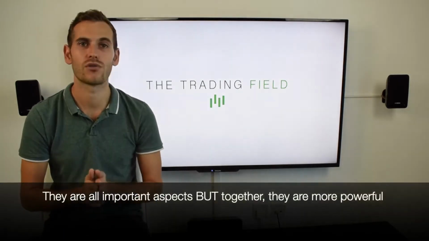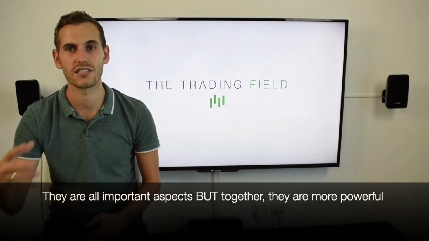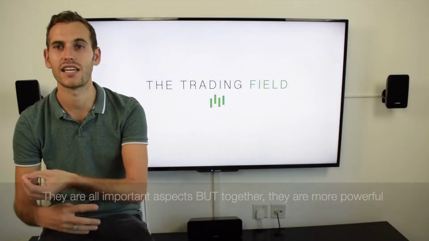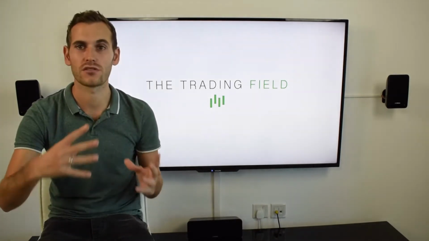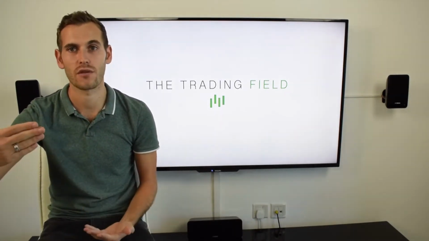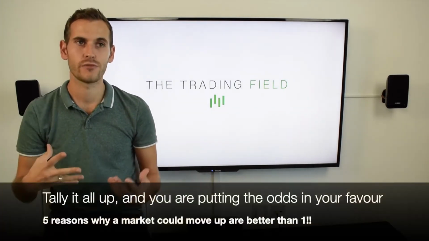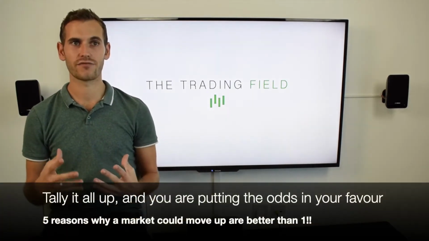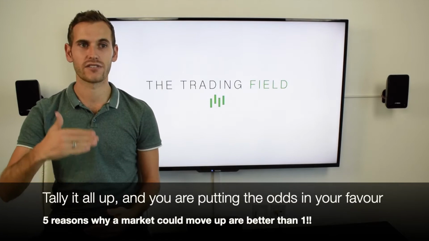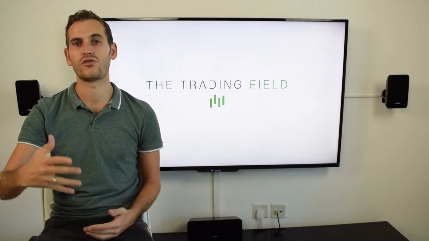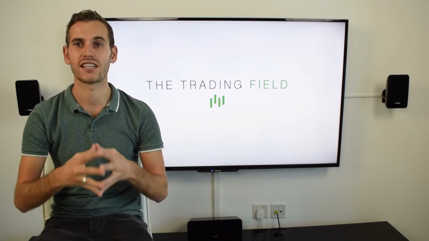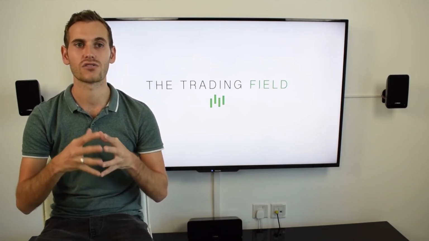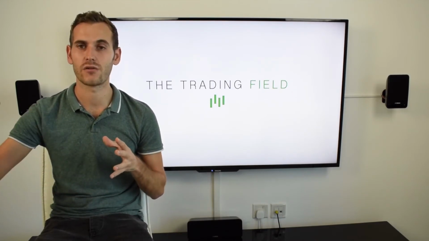So we need to find that bullish engulfing candle at a support level, an area where perhaps the EMAs have just crossed, and it's also perhaps at the bottom of a trend line and therefore should bounce from the bottom of that trend line. So it's all about using these different technical indicators to make a decision together.